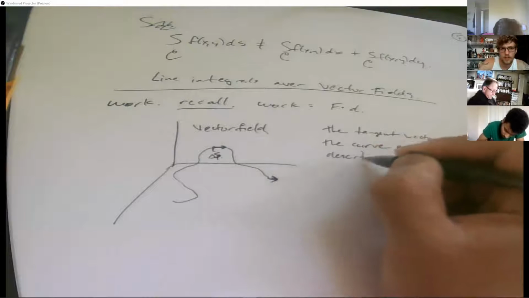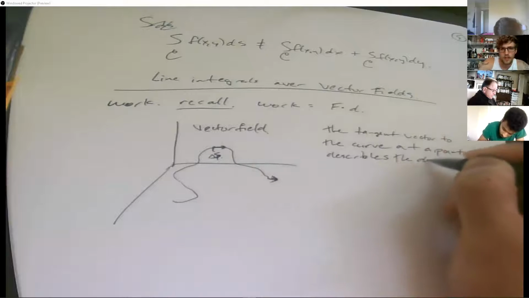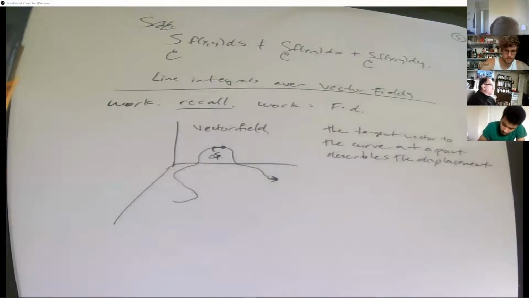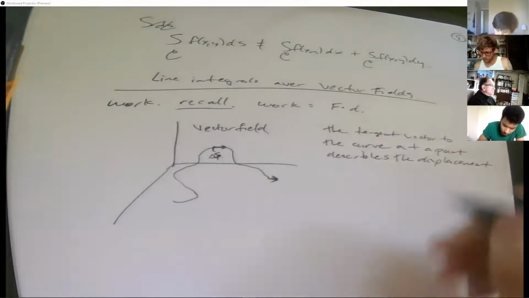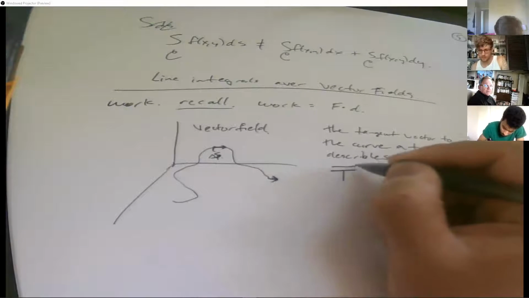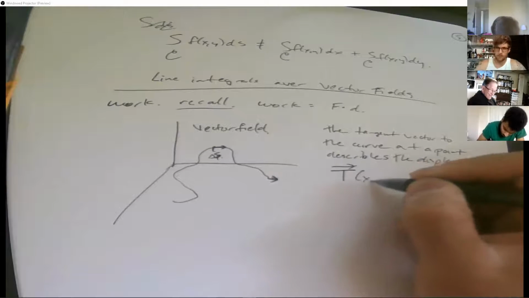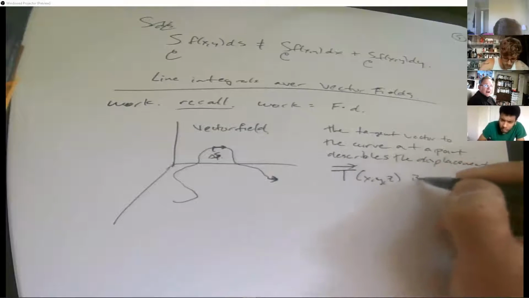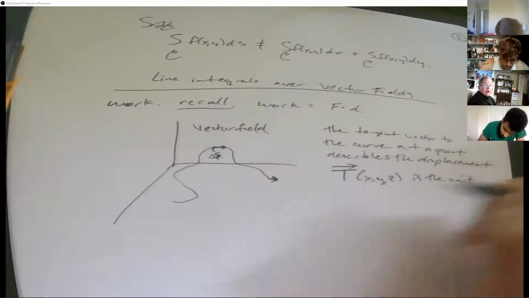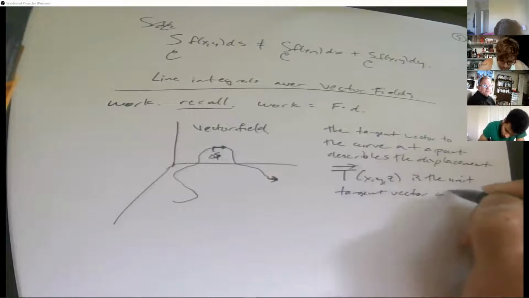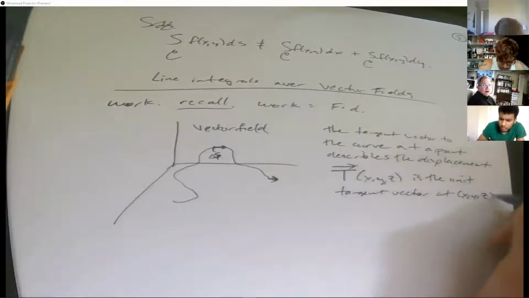It describes the displacement. So we had a special name for this, capital T. Right, this is the unit tangent vector at the point x, y, z.